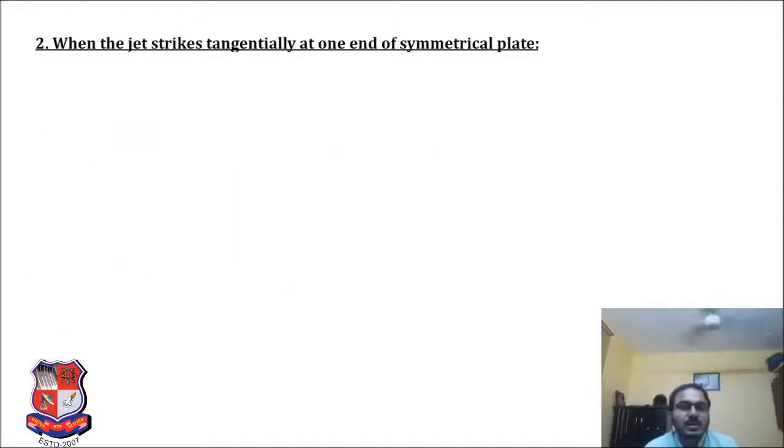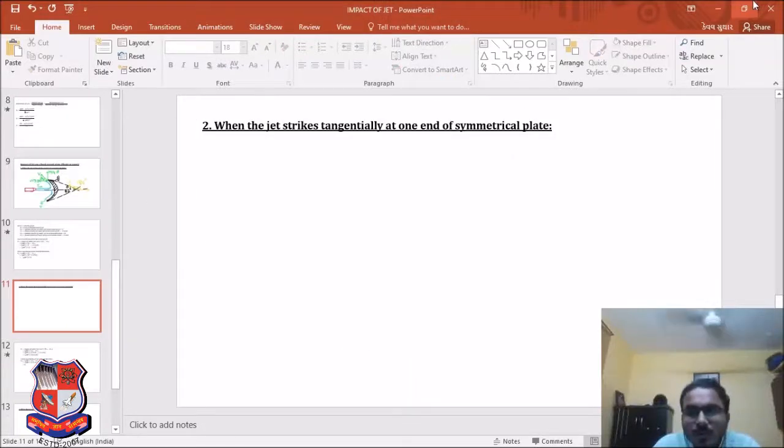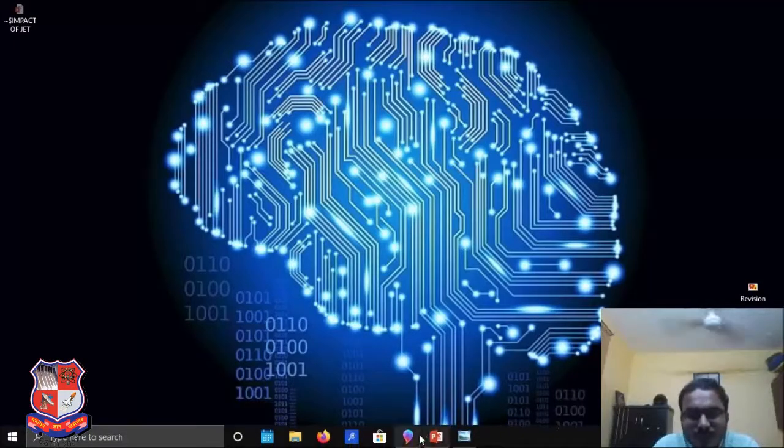Now we will take another case in which the jet will strike tangentially at one end of the symmetrical plate. So we will draw one figure first for this.